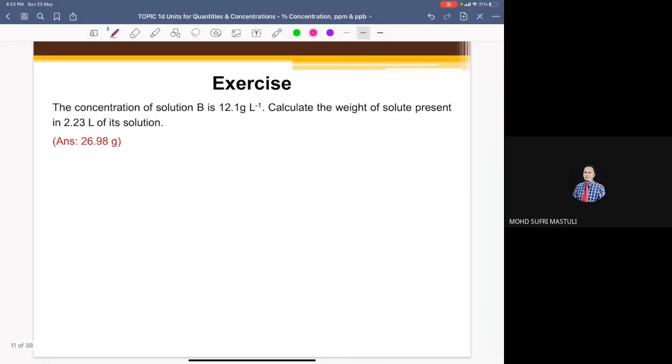Okay, this is another example you should try. The concentration of solution B is 12.1 gram per liter. Calculate the mass of solute present in 2.23 liter of its solution. So you have to calculate the mass. How many gram are present in this 2.23 liter.